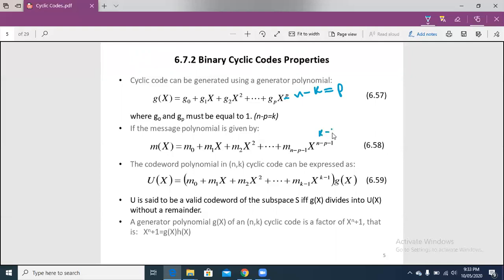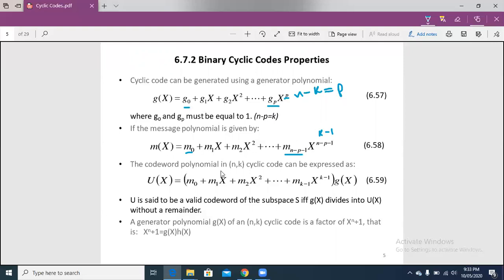It means that it is starting from m0 to mk minus 1, so it has k bits of the message and p bits of the parity starting from g0 to gp.